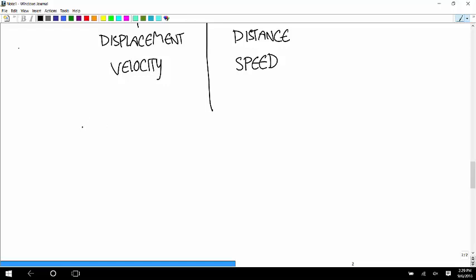So to talk about velocity, and this means that velocity is the one that we're going to care about. So to define velocity, we're going to first talk about average velocity.